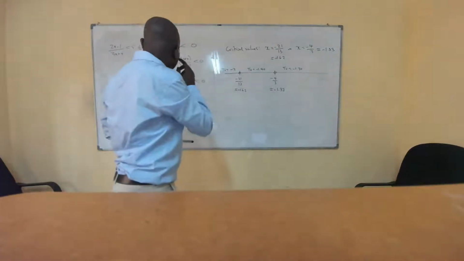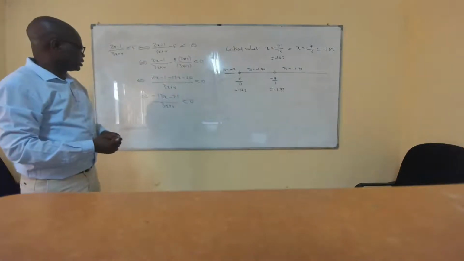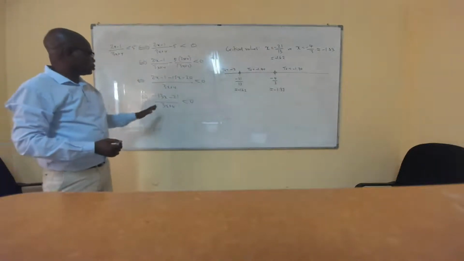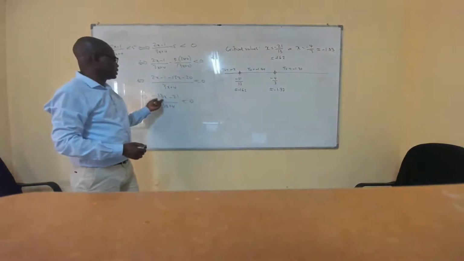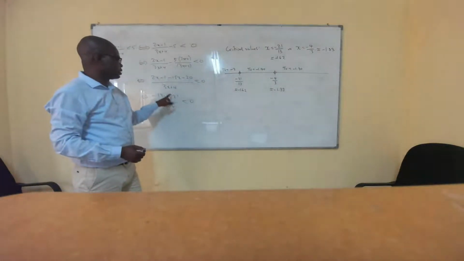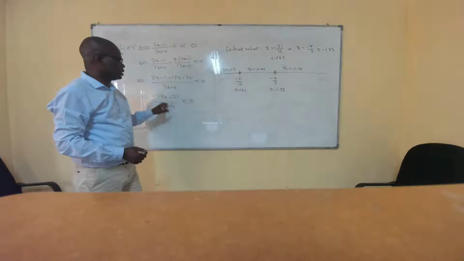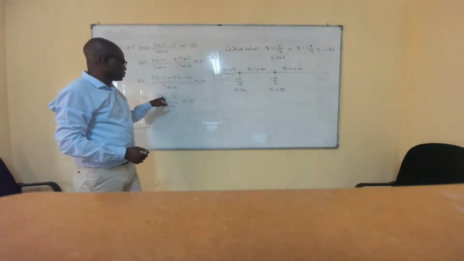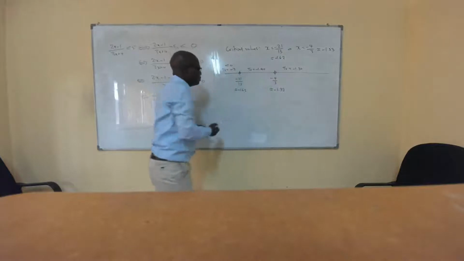We are only interested in seeing the sign for this. So let's quickly work it out. When we pick minus 2, the numerator will be a positive number. When I pick minus 6 here, plus 4, it will be negative. So the quotient is less than 0.